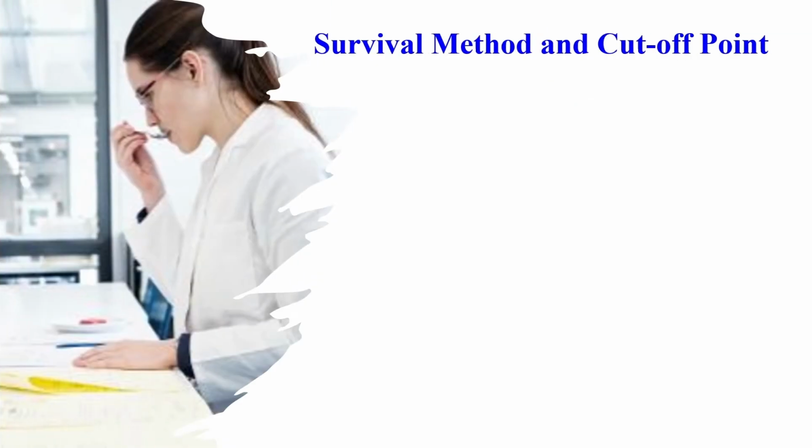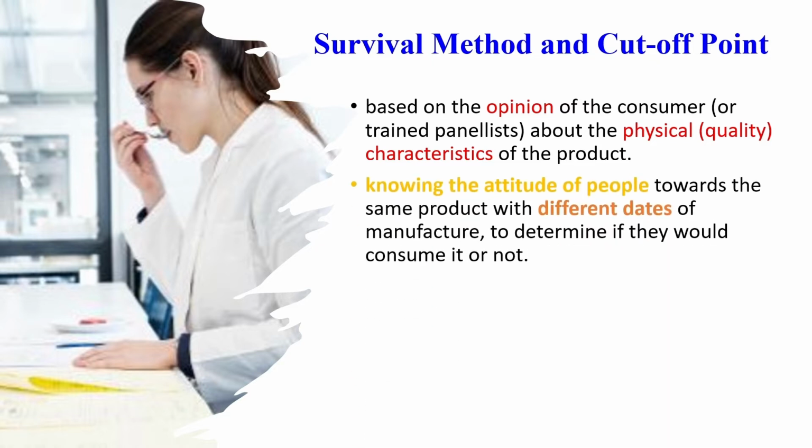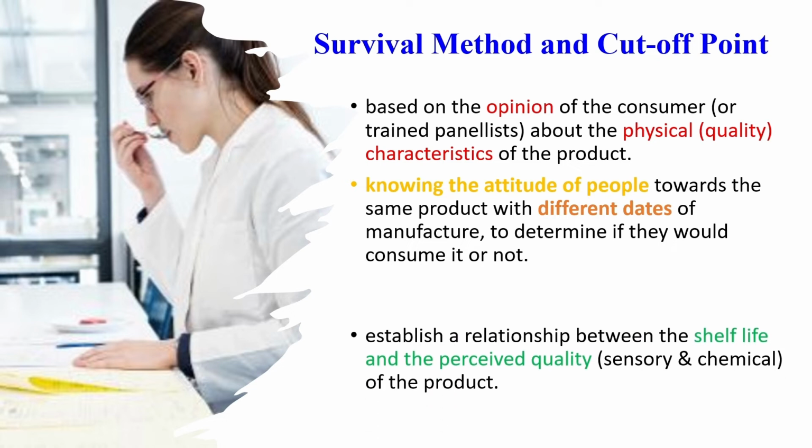Then we have the survival method or cut-off point method. It is based on the opinions of the consumers or trained panelists about the physical qualities or characteristics of the products. So by knowing the attitudes of the people towards the same product with different dates of manufacture, we can determine if they would consume it or not. This is called the cut-off point method.